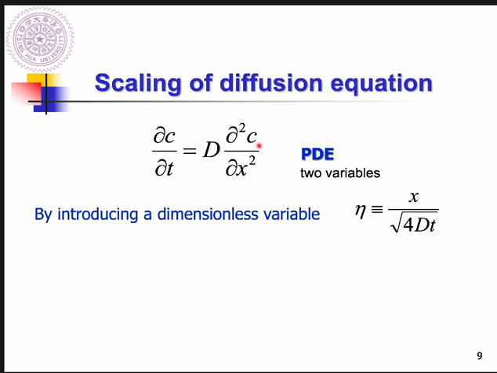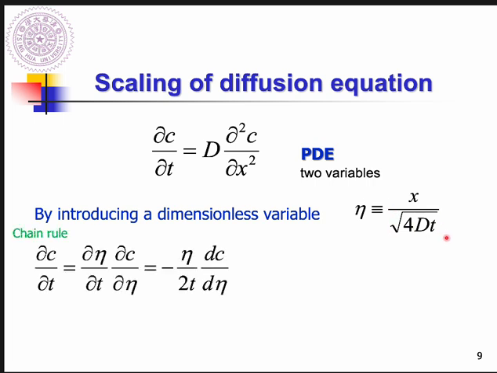The purpose here is to convert this partial differential equation with two variables to one variable, iota. So we introduce iota equals x divided by the square root of 4Dt. And we need to use the chain rule first. The chain rule tells you that partial c partial t equals partial iota partial t times partial c partial iota.